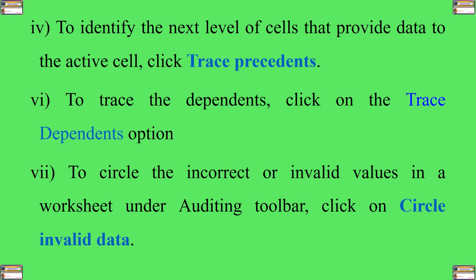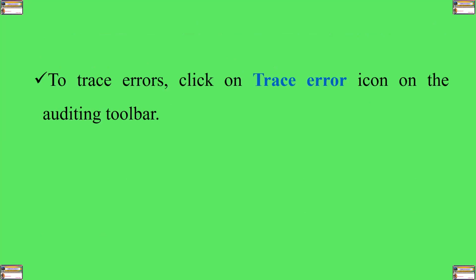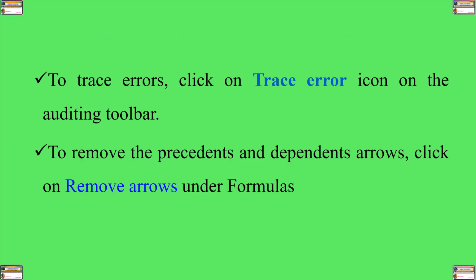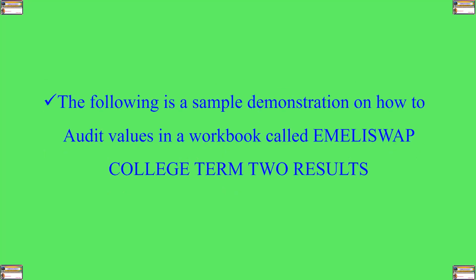Number six, to circle incorrect or invalid values in a worksheet, you click on Circle Invalid Data. To trace errors, you click on the Trace Errors icon on the auditing toolbar. To remove the precedent and dependent arrows, you click on Remove Arrows under Formulas.